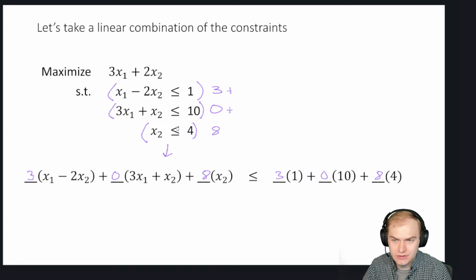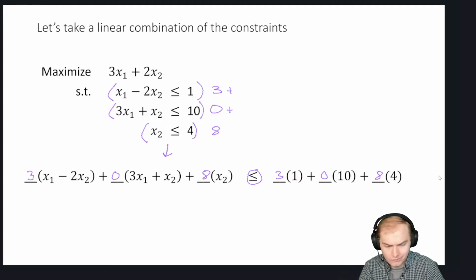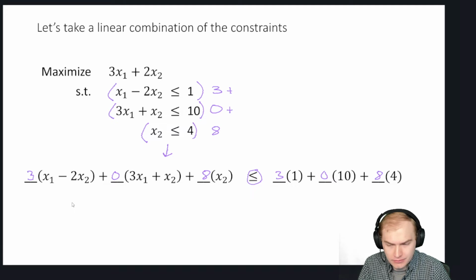And since all of these are less than or equal to constraints, we have a less than or equal to here. The right-hand sides sum together. And this reduces to 3x1 minus 6x2 plus 8x2 less than or equal to 3 plus 32.